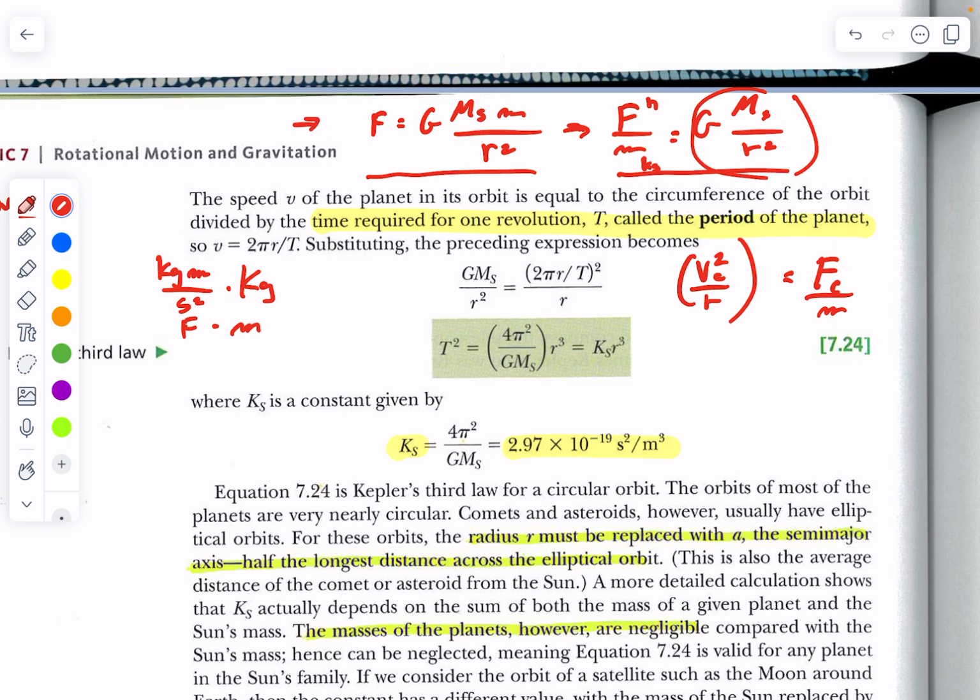And the point I'm trying to make here is that, therefore, we can take this term right here, and it's going to be equal to the velocity squared, right here, velocity squared divided by r.